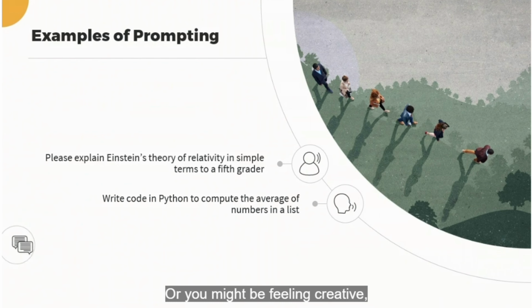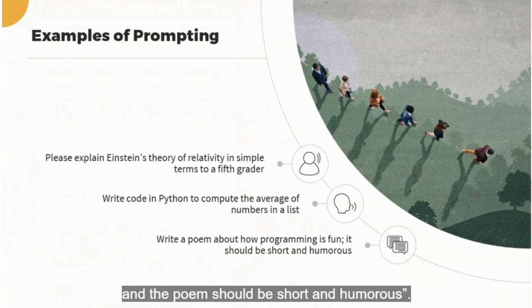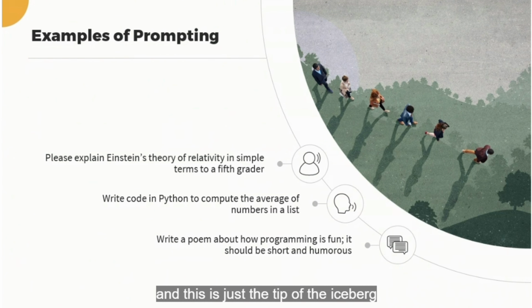Or you might be feeling creative and ask the model to write a poem about how programming is fun, and the poem should be short and humorous. You can see from all of the different prompting examples that I have given here, and this is just the tip of the iceberg, that prompting can elicit a diverse range of responses from the model. The quality of the model's response can be controlled directly using your prompt.